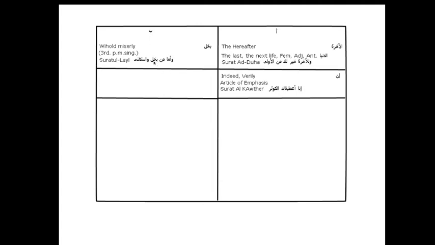This word, as you can see, occurs in Surah Al-Layl, wa amma man bakhila wastaghna. So you would take it from there and put it here. At the end, as I mentioned, you can have a word list of all the words that you studied, inna, a'tainaka, anzalnahu, bakhila, and so on.